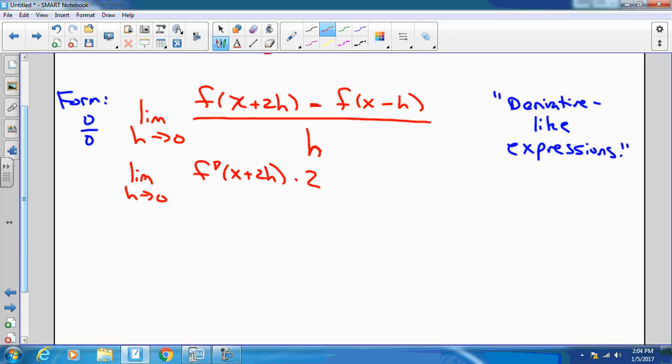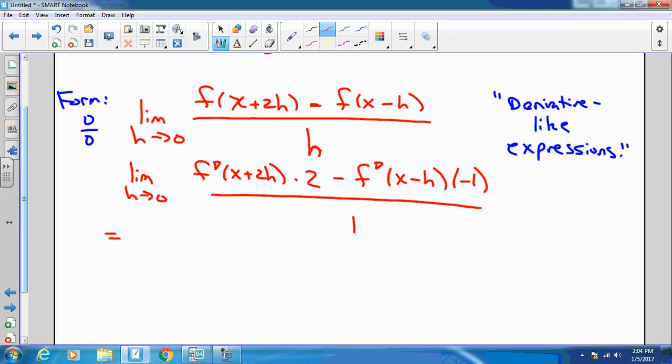Remember that x is a constant. And I get the derivative of the outside function times the derivative of the inside function. All of that is over 1. And now, as I let h go to 0, I get f prime of x times 2 minus negative 1 times f prime of x, so that the result of this entire limit is 3 f prime of x.